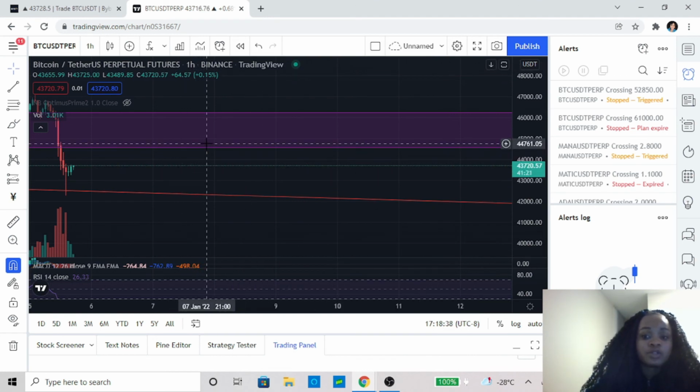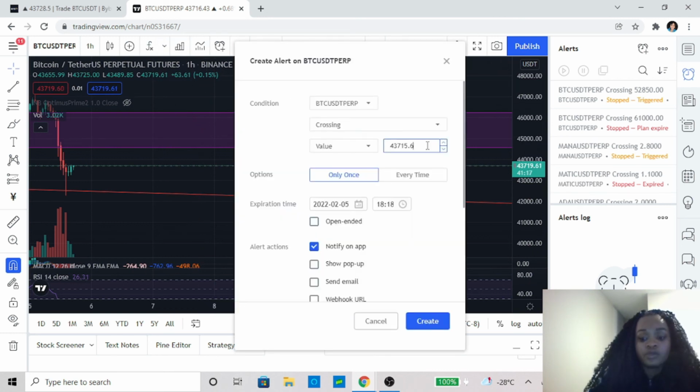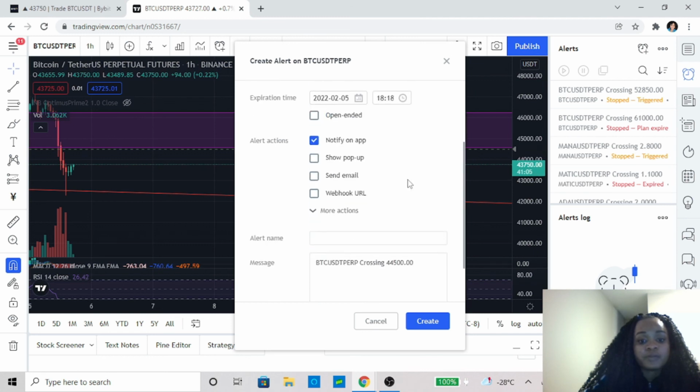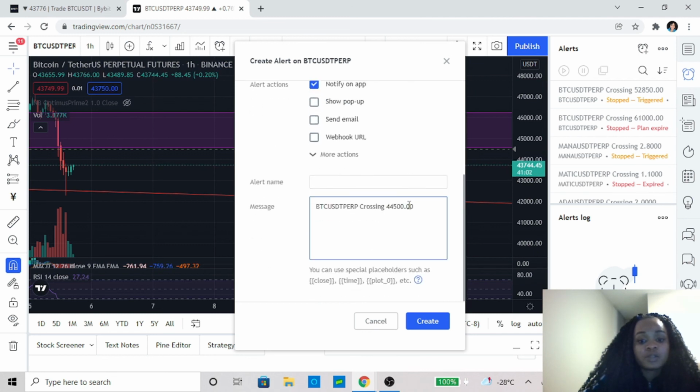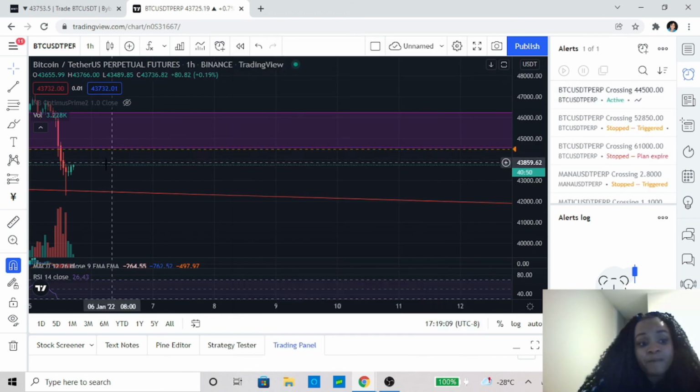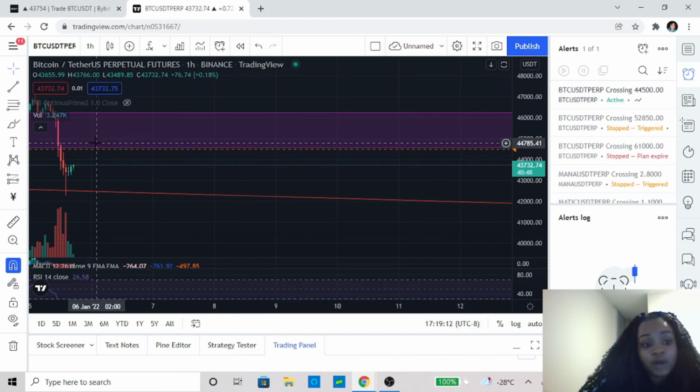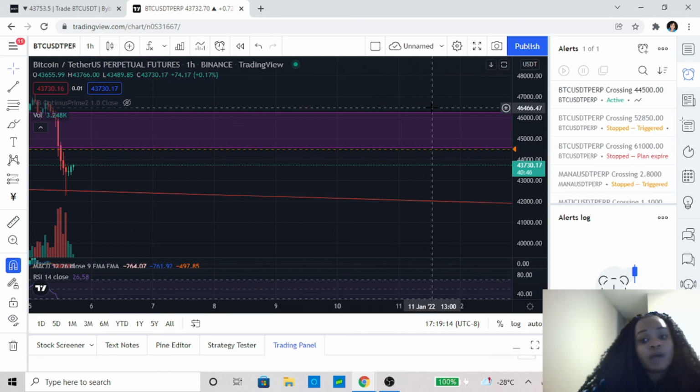I'm just gonna put 44,500, and I want it to be only once. Always select this crossing, make sure it's BTC USDT perp, and then just make sure this box here has the same thing, 44,500, and then create. Whenever the price gets to that price that I'm watching for, I'm going to be alerted.